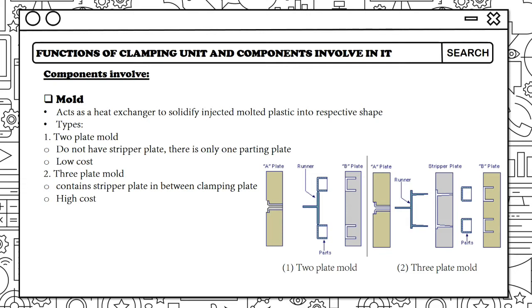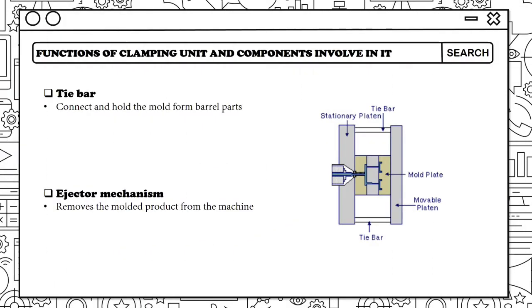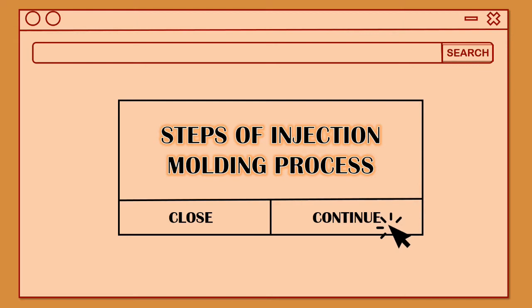The difference between these two is that the 3-plate mold has a stripper placed between the clamping plates, while the 2-plate mold does not have the stripper. Next, the tie bar is used to connect and hold the mold from the barrel parts. Lastly, the ejector mechanism is responsible for removing the end product from the machine. That is all the function of the components in the injection molding machine.